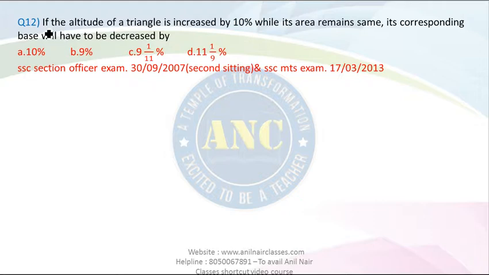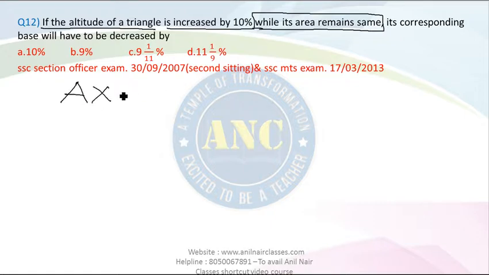Your question is, if the altitude of a triangle is increased by 10% while its area remains the same. People who have attended my percentage class, I taught you a beautiful concept: A into B is equal to K, where K is constant.